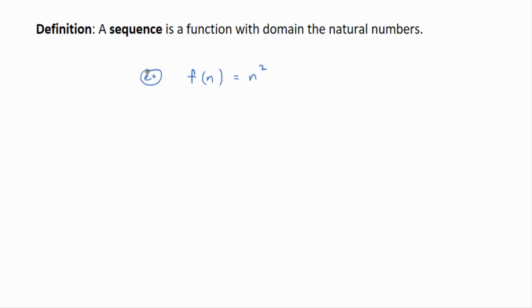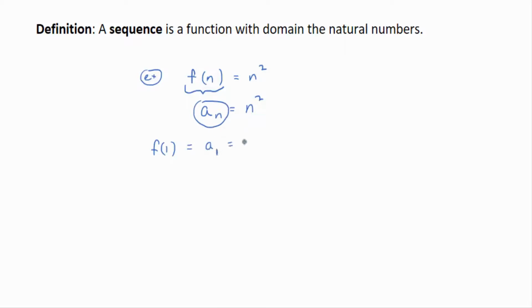So instead of the function notation, we usually use a subscript notation. For instance, it doesn't have to be a, but we often use a sub n. But it has the same meaning as the function notation. So if you're finding f of 1, you would denote that by a subscript 1. Same thing.